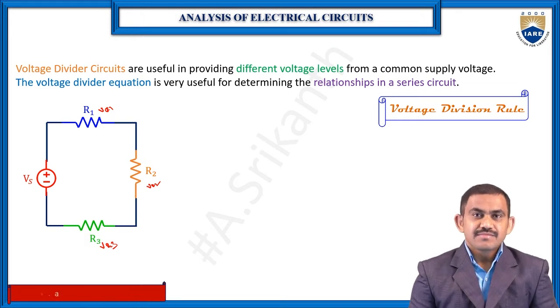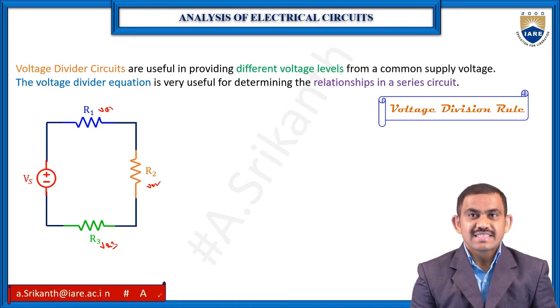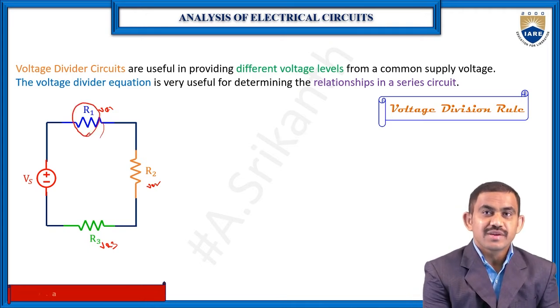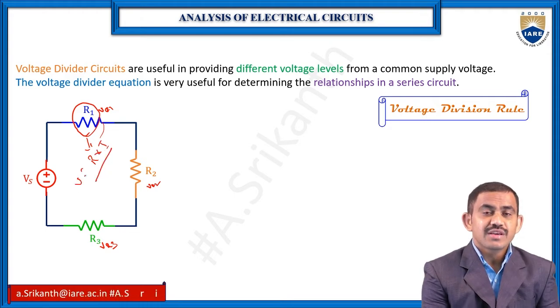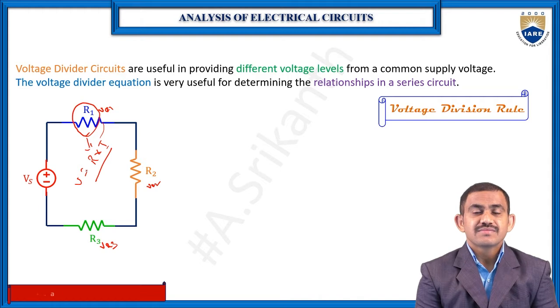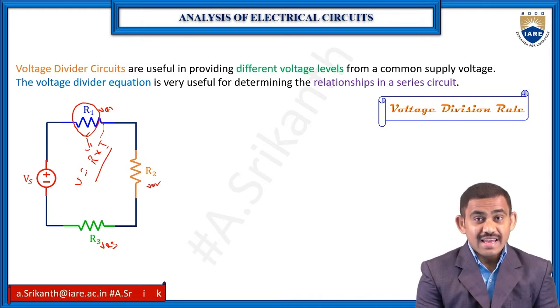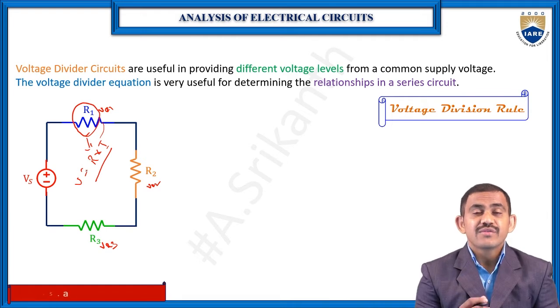In general, I want the current in each resistor. Why do I need the current? To find the voltage across R1, I have the R value. If I know the I value, we can find the V: V equals I into R. Then what is the I value?